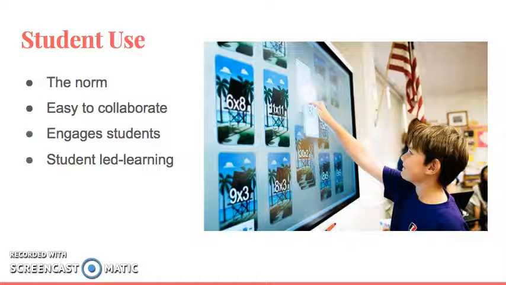It engages students and encourages student-led learning because all of the students are working on the same thing at the same time, and they can discuss what is going wrong, what is going right. It is also very engaging for them because it is something new and easy to use. It's not something they really have to work on learning about. They just use their hands to move things around and pick it up pretty quickly.